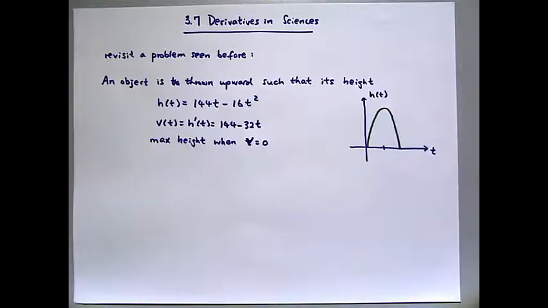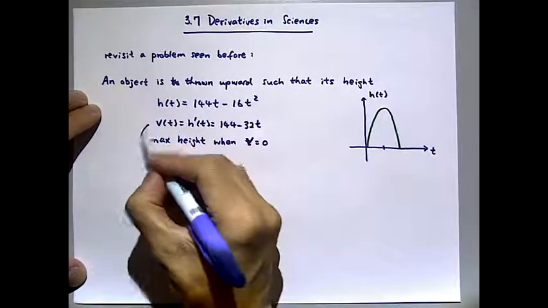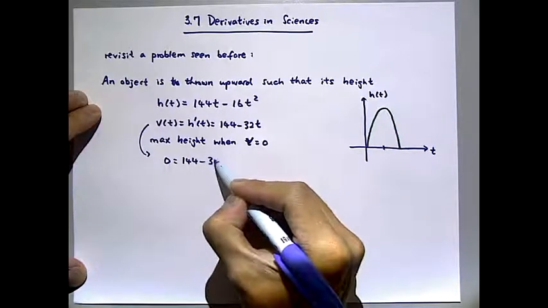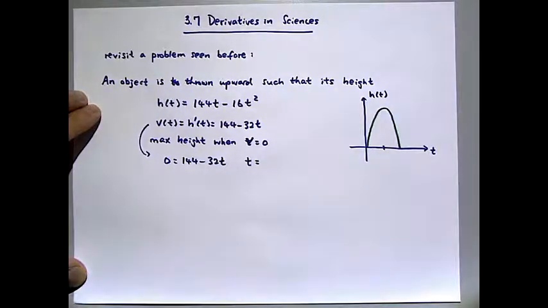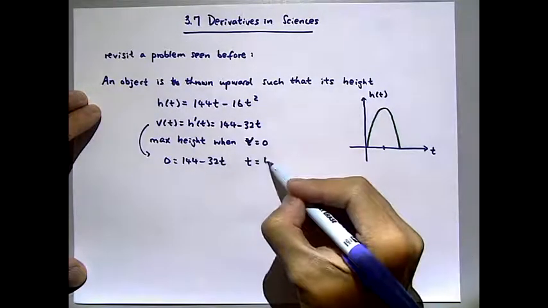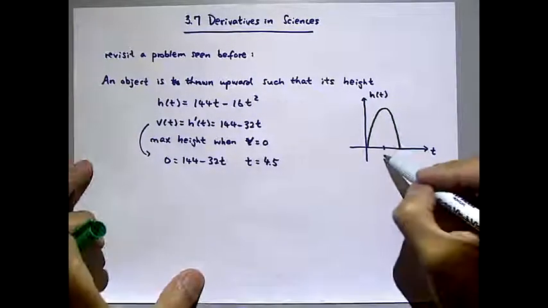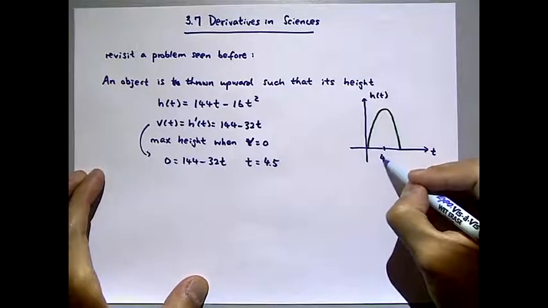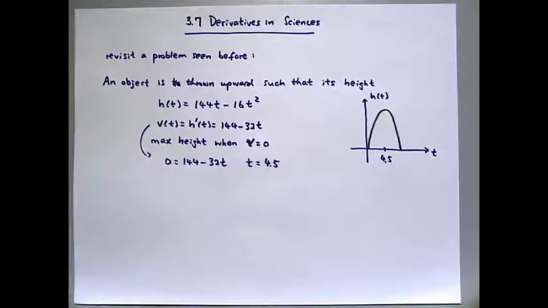That brief moment is when the maximum height is reached. So if you set this equal to 0, solving for t turns out to be 4.5. Okay? 4.5 seconds after we launch this thing, it reaches maximum height.